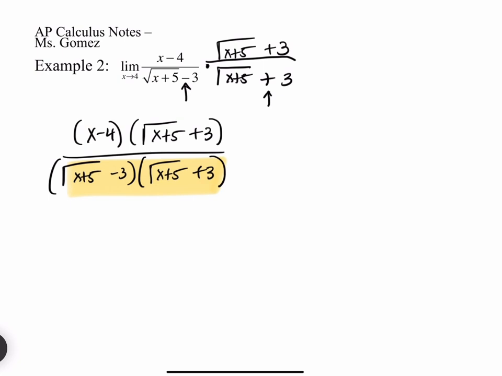I'm going to FOIL. So first values are the radical x plus 5s. I multiply them times each other, so they become squared. On the outsides, I have 3 radical x plus 5. On the inside, I have minus 3 radical x plus 5. And last, I have negative 3 and 3. So that's going to multiply and give me negative 9.